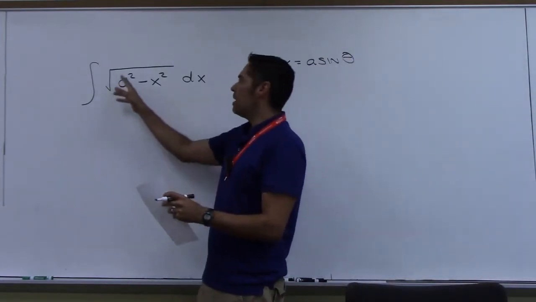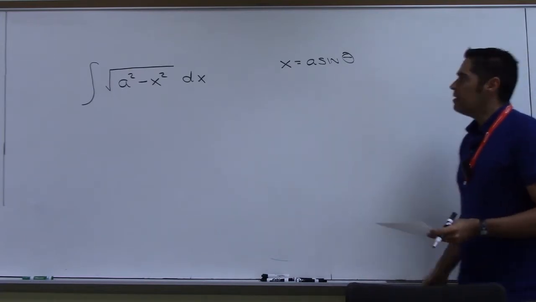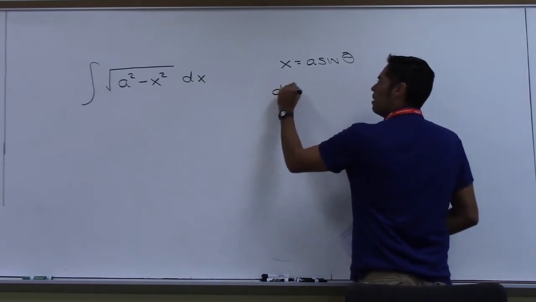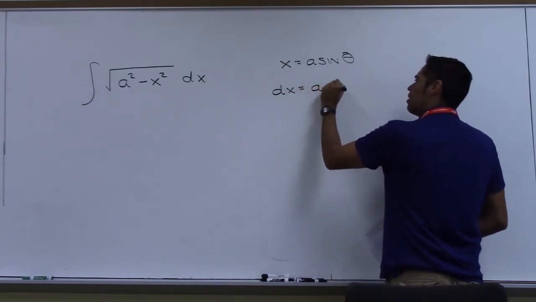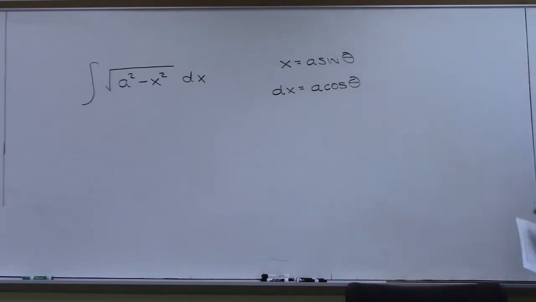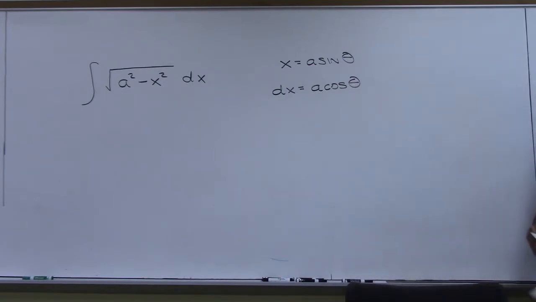Normally that would be like 9, and then we'd say a would be 3 or something like that. But here a is just some number, we don't know what it is. Then we take the derivative on both sides, we get a cosine theta. So that was the second piece of information I said you would have to get. And anyone remember what the third piece was? What the square root thing is.